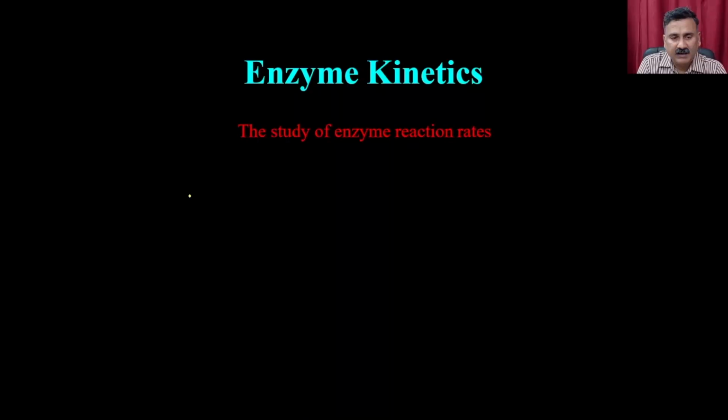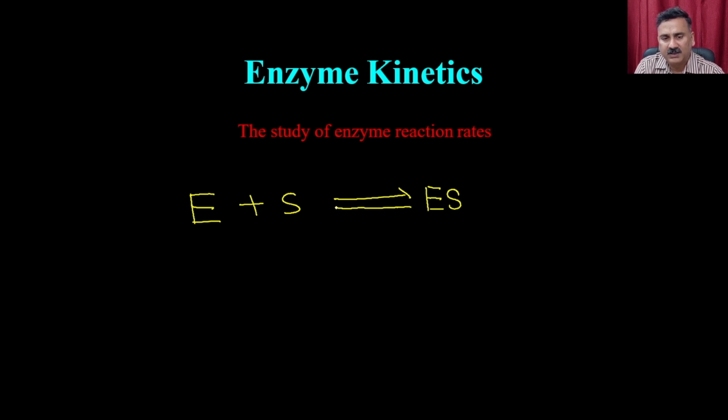So we have the enzyme recognizing a substrate and forming the enzyme substrate complex. As soon as the complex is formed, it proceeds along two pathways. In one, the enzyme substrate complex breaks down into the enzyme and the substrate. In the second, the enzyme substrate complex forms the enzyme plus product, right? This product was the readout when we were talking about the enzyme assays.